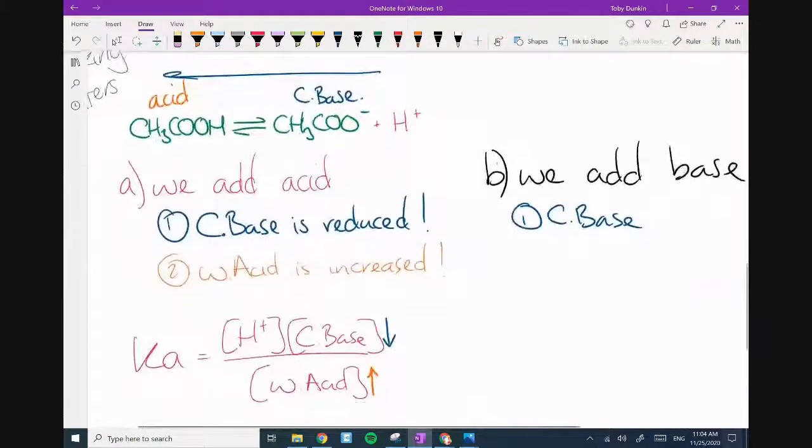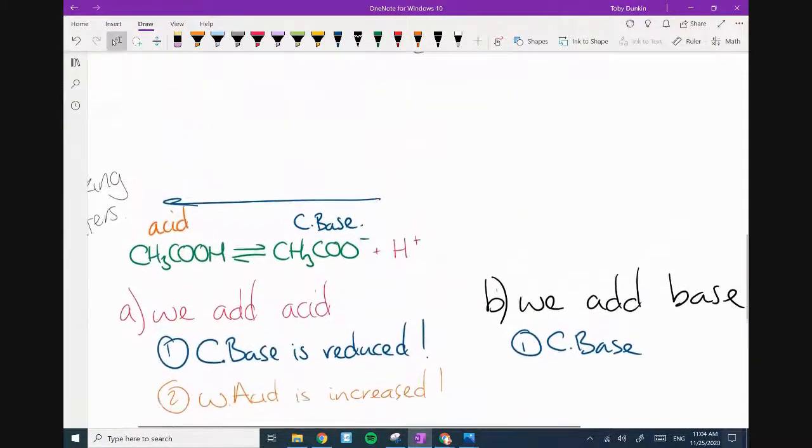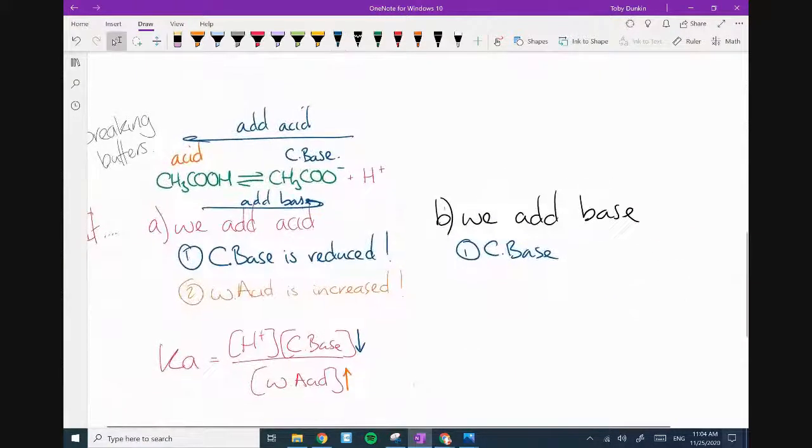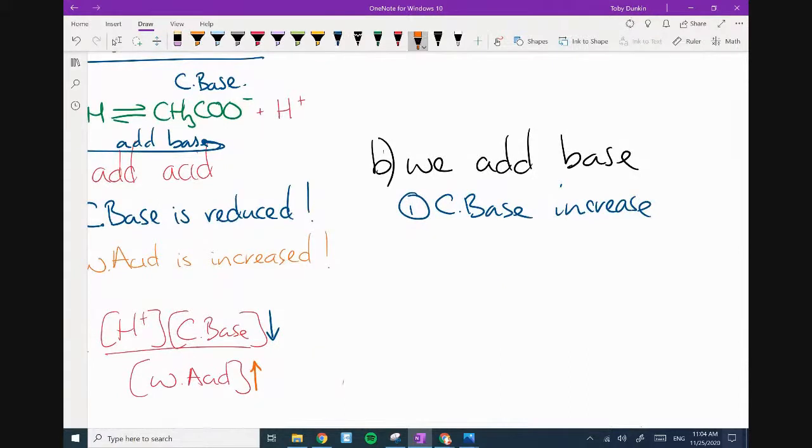So this way is add acid, and this way is going to be add base. It's the opposite direction. So the conjugate base would increase, and the weak acid would decrease.